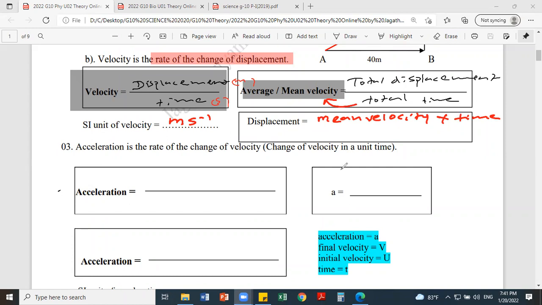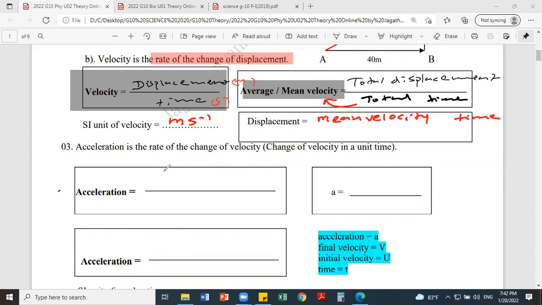That way also you can get it. You can rearrange the equation. Take total time to the other side and multiply. Look here, it should be total time taken. You multiply with mean velocity and you get the displacement.